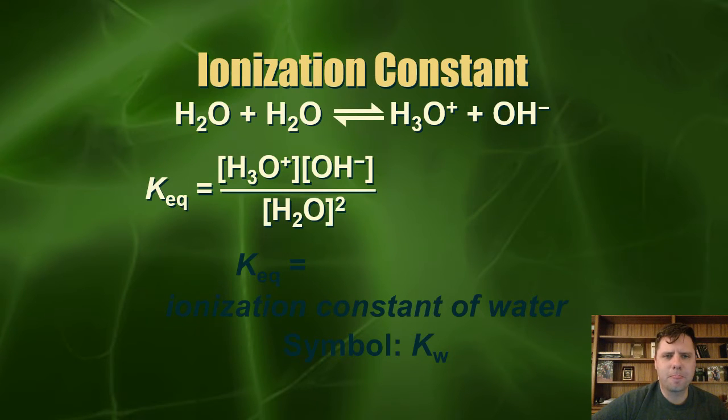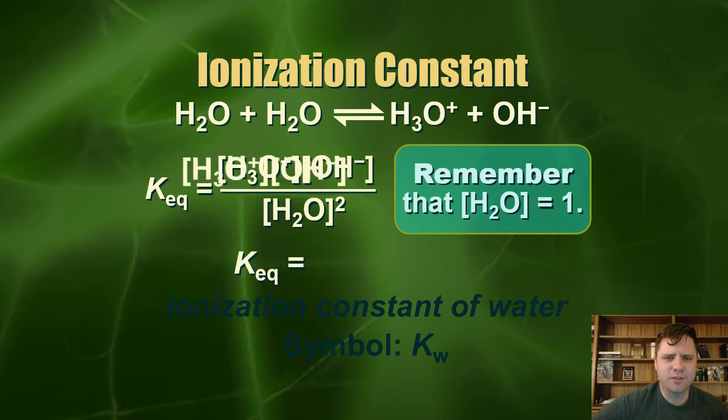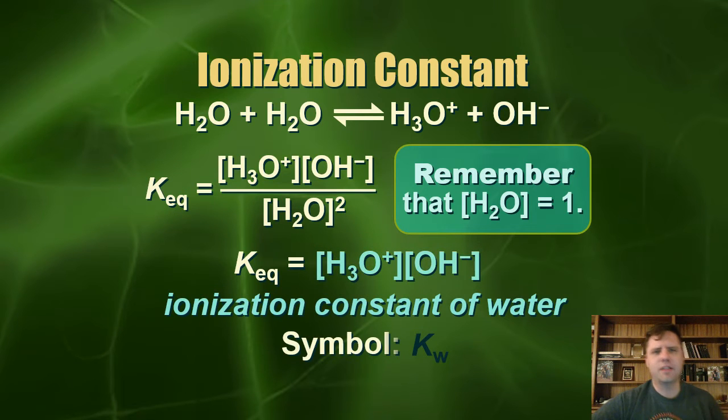All right, so in these reactions, there is an ionization constant, which we know as Kw, K little w. And that is equal to the concentration of hydronium ions times the concentration of hydroxide ions. And it always equals the same constant.